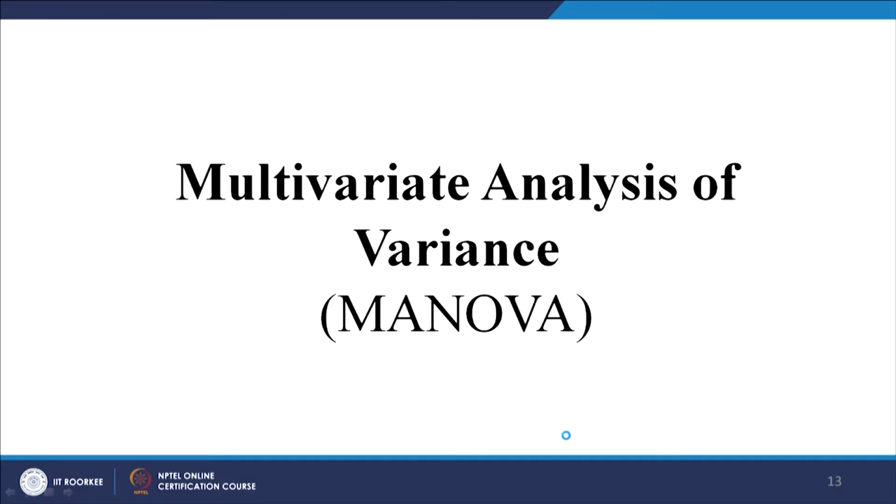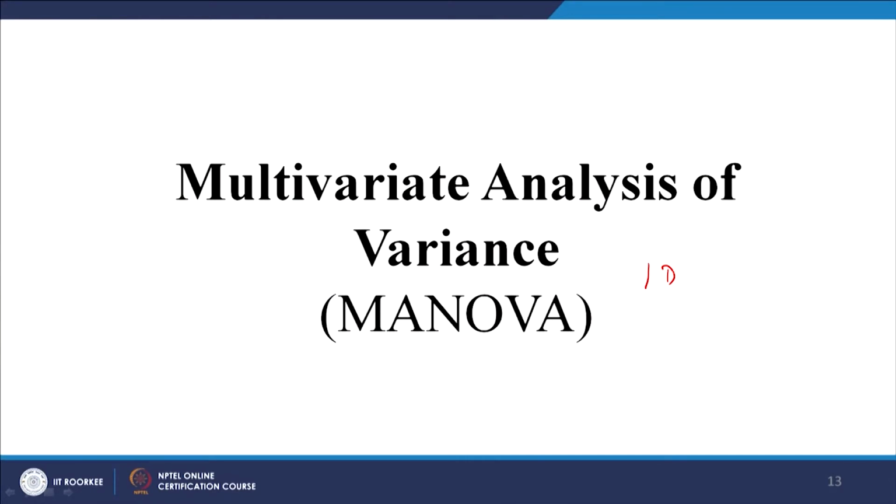So, now in fact I wanted to start with multivariate analysis of variance. I will just begin with what is this multivariate analysis of variance. Multivariate analysis of variance is a technique which is a step over the ANOVA. In the ANOVA case, we had one continuous dependent variable with several independent variables, let us say IV1, IV2, which were categorical, correct.